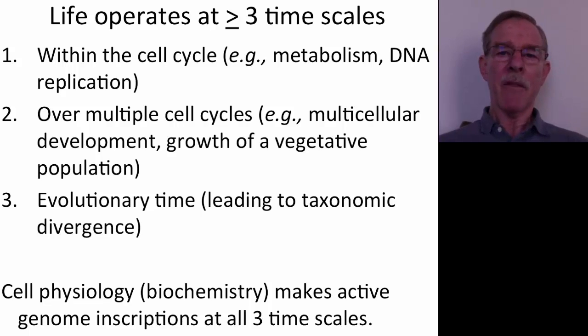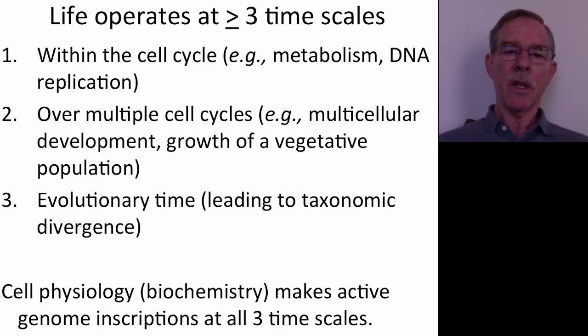Now, life operates at least on three different time scales, and it's useful to keep these in mind when we think about how the cell makes inscriptions on its genome. Within the cell cycle is one time scale, and various events like metabolism, DNA replication, and so forth go on during the cell cycle.